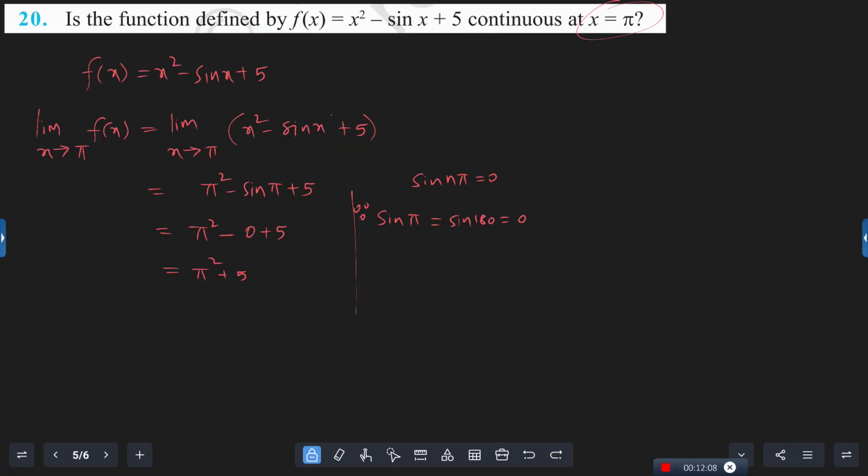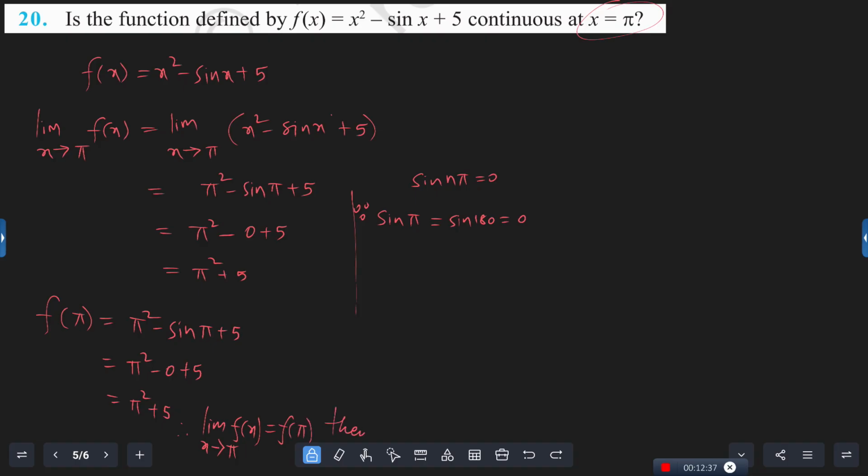This is the limit value. Now the function value means directly we have to substitute pi in the function. So pi square minus sin pi plus 5, which is again pi square minus 0 plus 5, that is pi square plus 5. Therefore the limit of f of x as x tends to pi and f of pi are both equal.